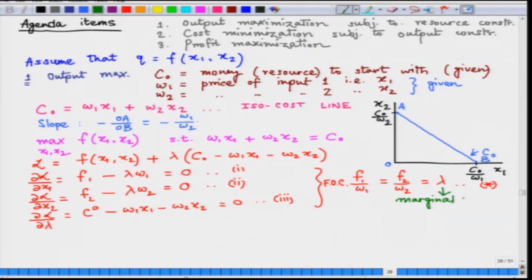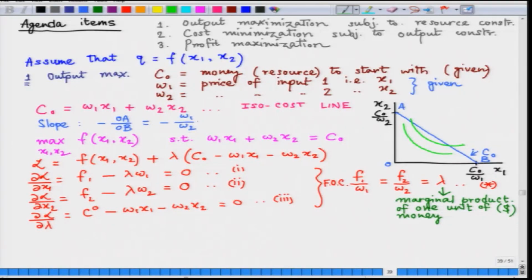So, lambda has this interpretation of marginal productivity of 1 unit of money, and that can be given in dollar or rupee, whatever. So, mathematically we have derived the solution to the optimization problem for the firm's first type of problem.